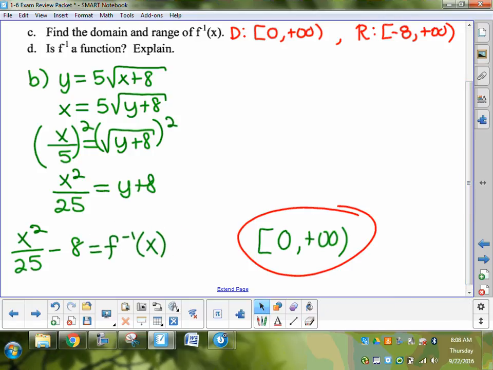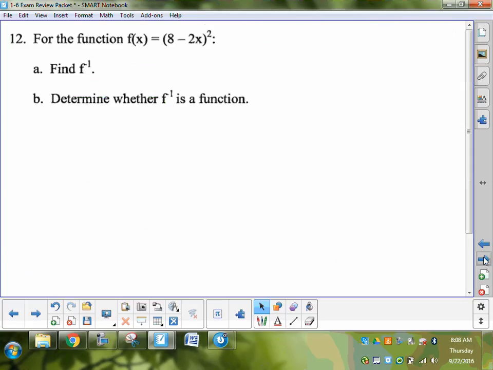So if I state this as my inverse, this, as it's written, is too much. Because if we don't put a restricted domain on it, it means that the inverse has an unrestricted domain. It's all x's, but is that the case? No, it would only be the case if the range of the original was from negative infinity to positive infinity.